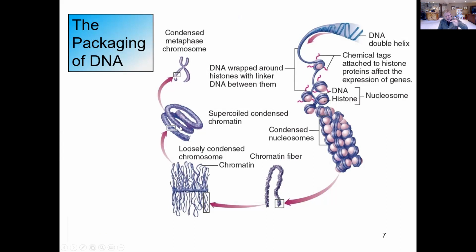But let's go backwards here a little bit. We're taking this supercoiled chromatin and we're breaking it up, if you will. We're loosening it up. So here we can begin to see the individual threads of chromatin, shown in purple. Here's indeed one of these little threads that we've kind of blown up.